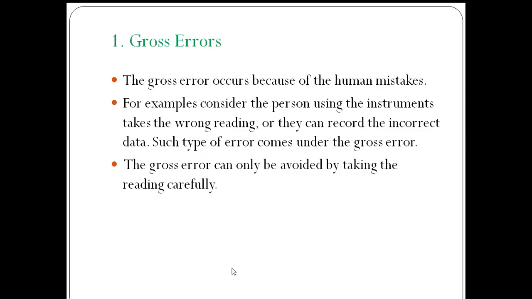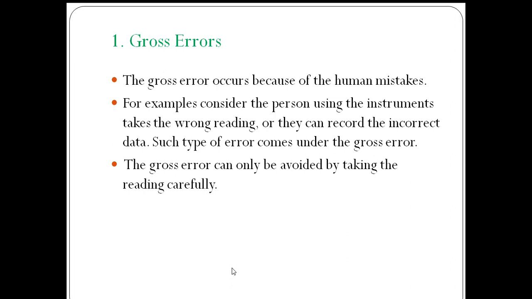First of all, we will focus on gross error. This gross error occurs because of human mistakes. For example, consider a person using an instrument who takes a wrong reading, or records incorrect data. Such types of errors come under gross error.